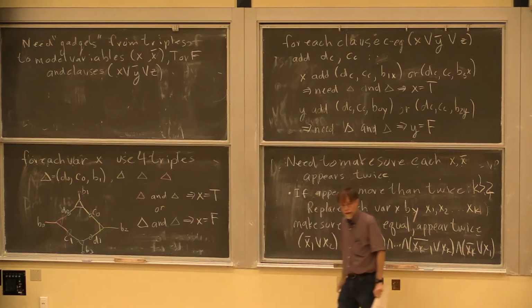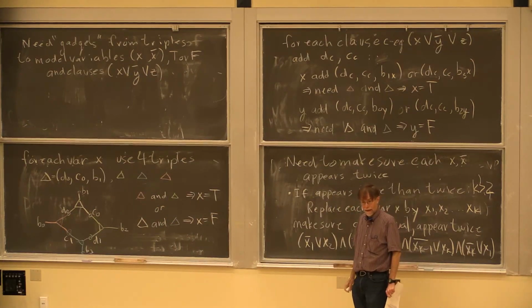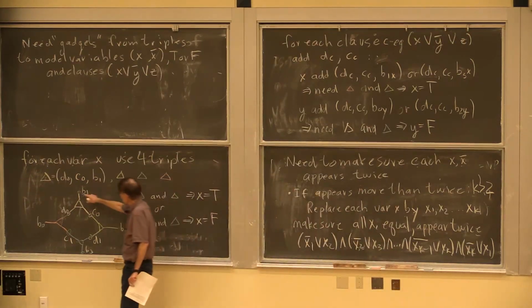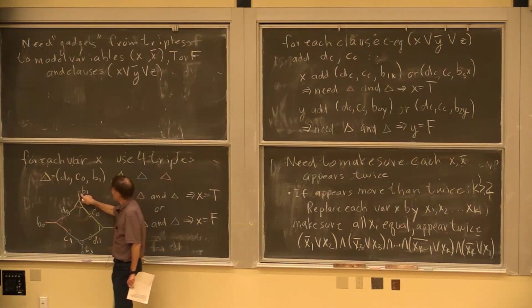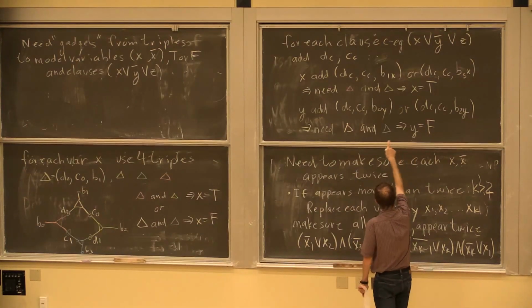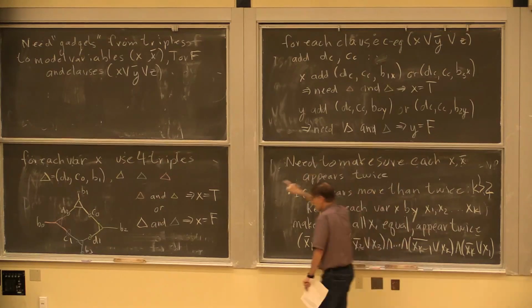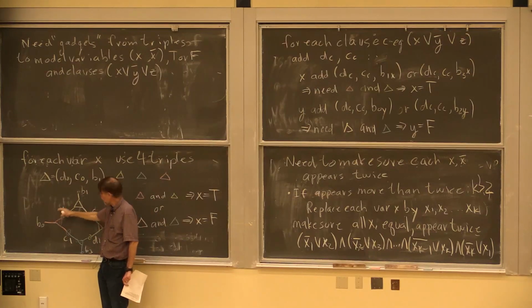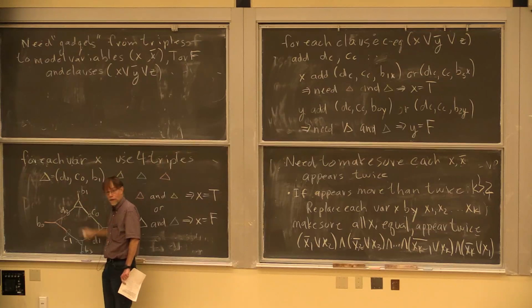Yes? Why does each of the variables have to appear exactly twice? Because when I'm done, I want to have this one matched to one. So I'm going to do this trick up there where I take each variable and match it to one of these. And so I want to make sure that I can match both of them, right?